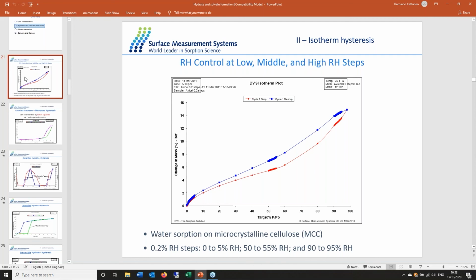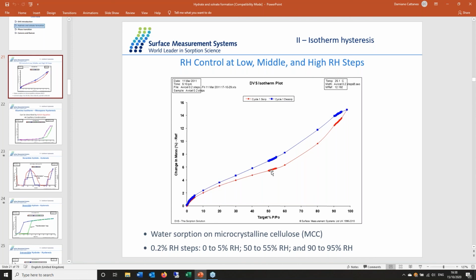What I mean by that, when I'm asking, for example, this is a sample of cellulose, okay? So let's say, what is the water content of cellulose at 50% relative humidity? You can see over here that I technically have two types of mass, really. I could tell you it is this mass if I'm starting from a sample that is at 40% relative humidity or dry, and I move up in relative humidity.